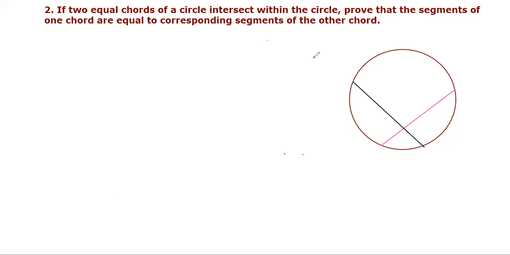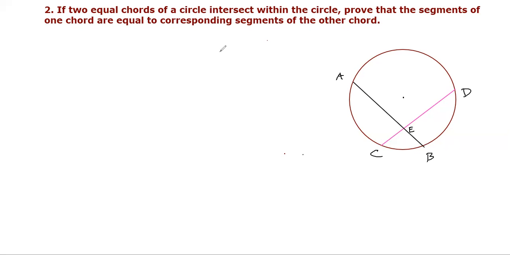So these are the two equal chords, AB and CD. Suppose AB and CD are two equal chords intersecting at point E, and this is the center of the circle. Then we have to prove that the segments of one chord are equal to the corresponding segments of the other chord.